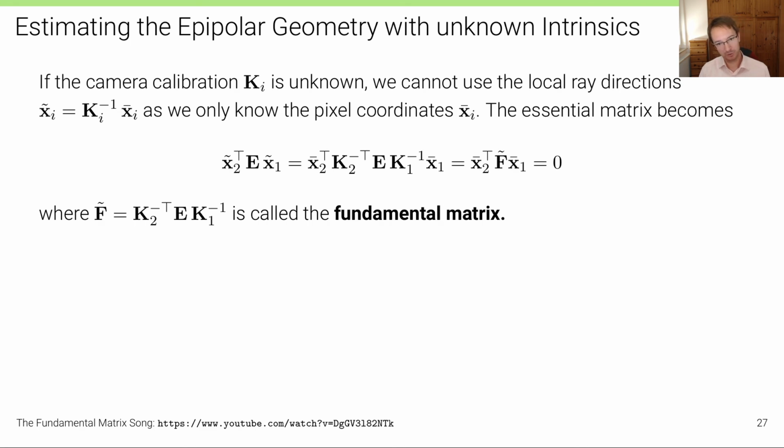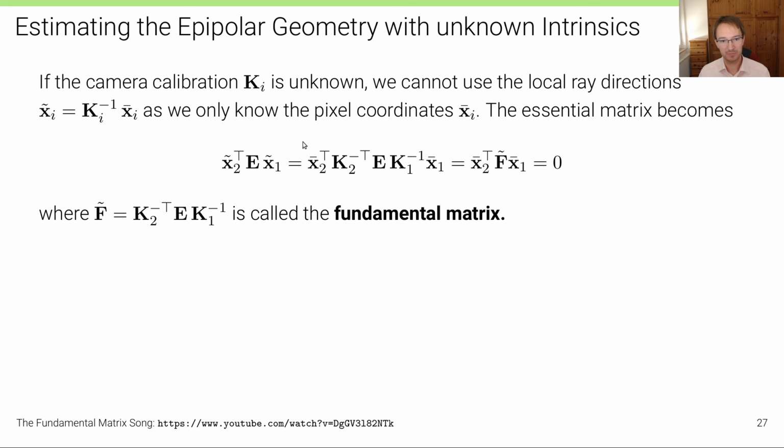Now, there's another important matrix that we're going to quickly cover, and that's also covered in the book that I recommend to watch, the so-called fundamental matrix. And that is relevant if the camera calibration is unknown. If the camera calibration is unknown, we cannot use the local ray directions, but we have to use the pixel coordinates directly.